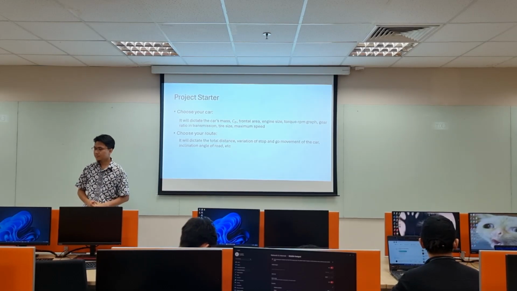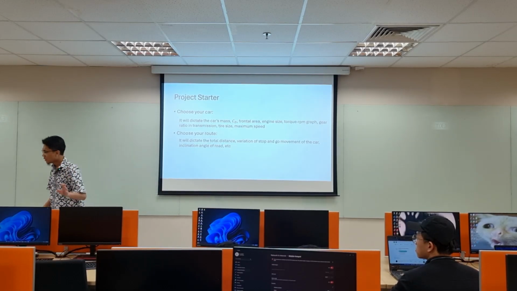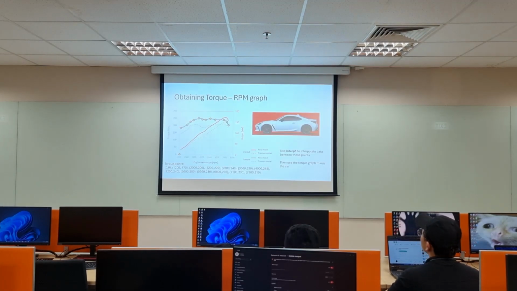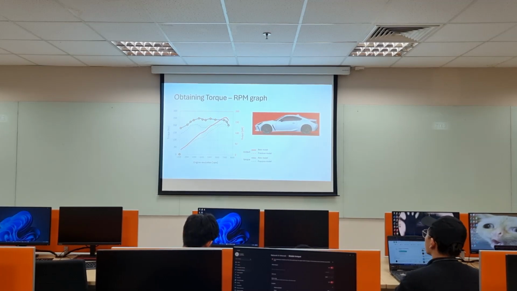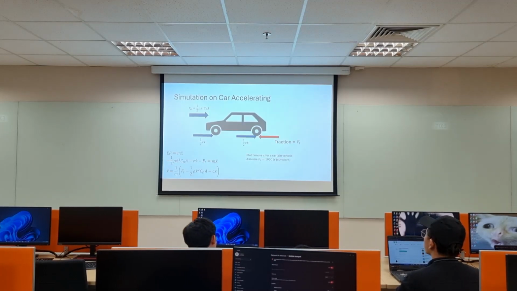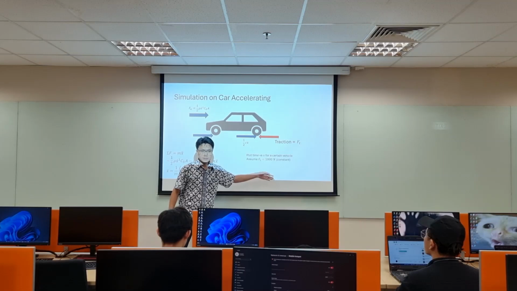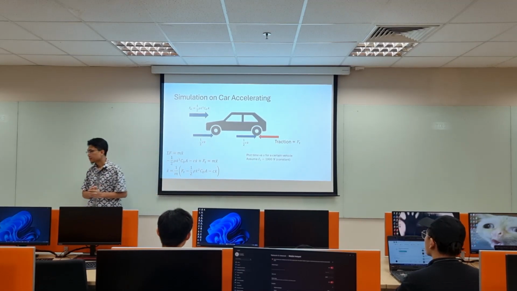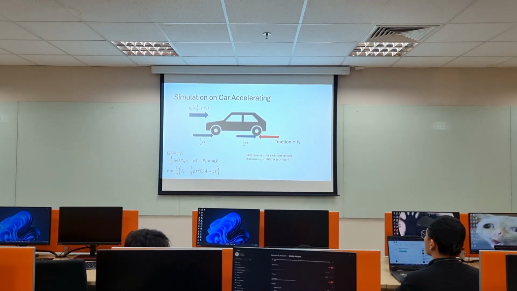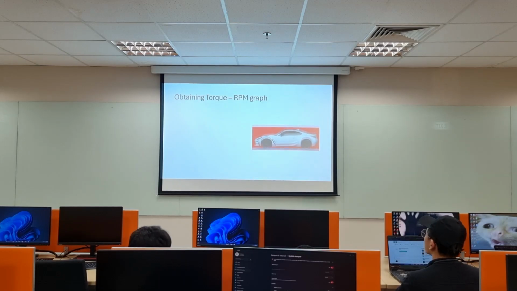Any other question? Today we will learn about this one. From the last simulation that we have here, you assumed that the traction is constant, right? Now the traction will be related to the torque.